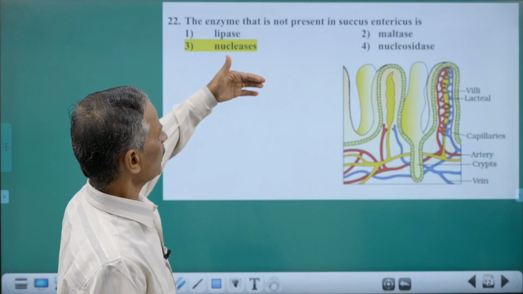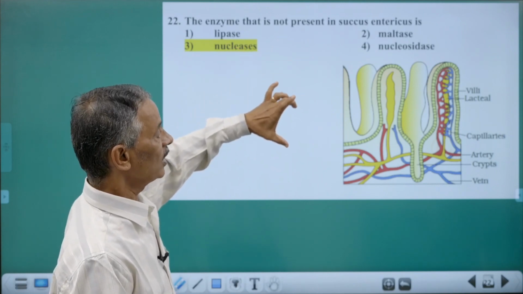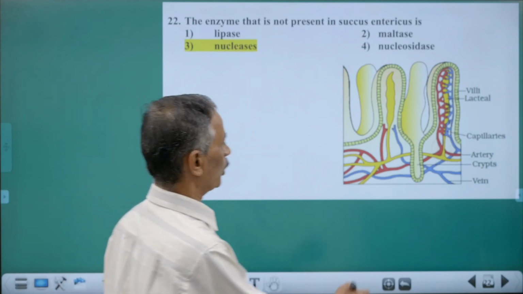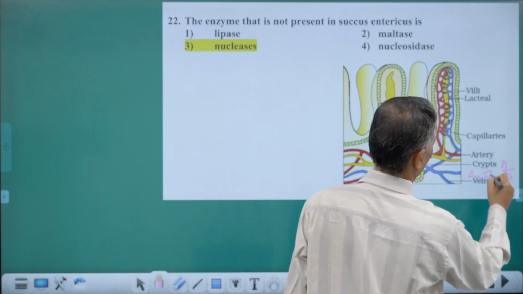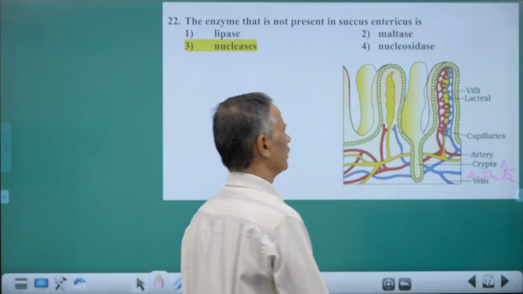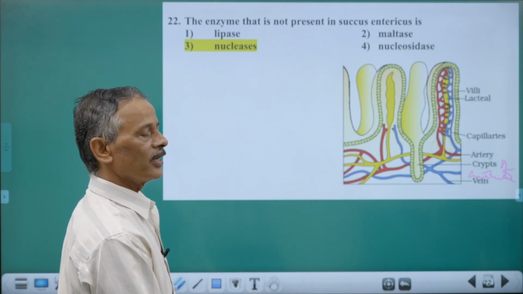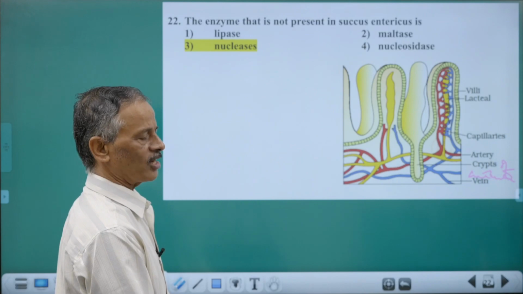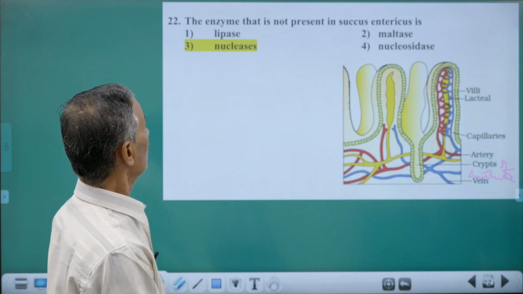Enzyme that is not present in Succus entericus. What is Succus entericus? Simply called the intestinal juice. It is produced by the crypts of Lieberkuhn, which are all lying in between the adjacent villi. They are having a large number of enzymes which are responsible for the complete and final digestion of all types of food ingredients.